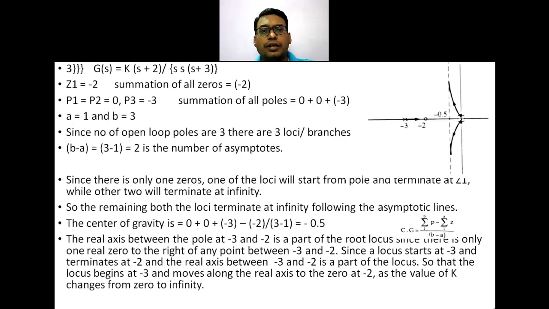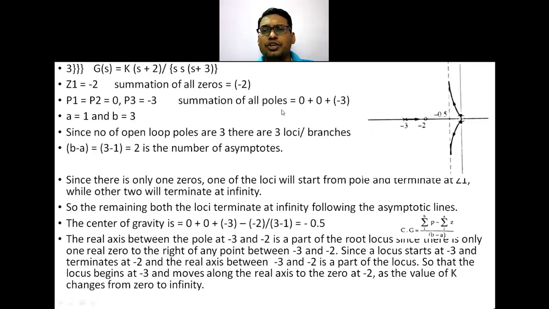Now come to the next problem. The transfer function is given as k into (s plus 2) upon s square into (s plus 3). By looking at this, the zero is at s equals minus 2, and the poles are p1 equals 0, p2 equals 0, and p3 equals minus 3.